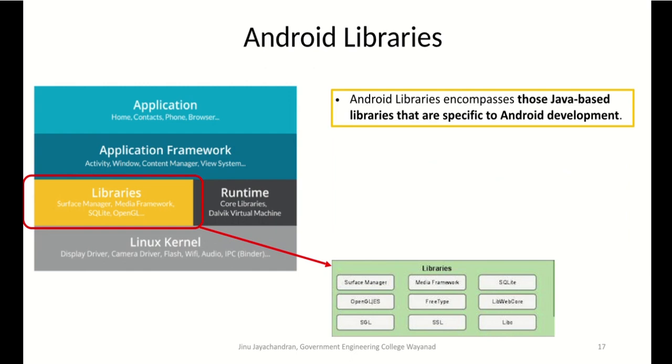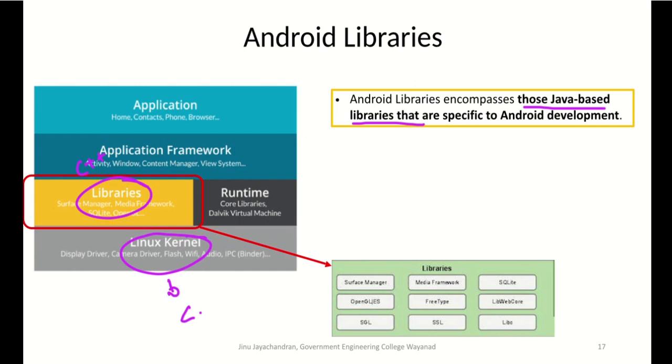Apart from these standard libraries, there are some Android libraries also present in the library layer. These Android libraries are Java based libraries. You can write the Android application either in Kotlin, which is a language, or in Java. The Linux kernel is mostly written in C, and libraries are mostly written in C++.